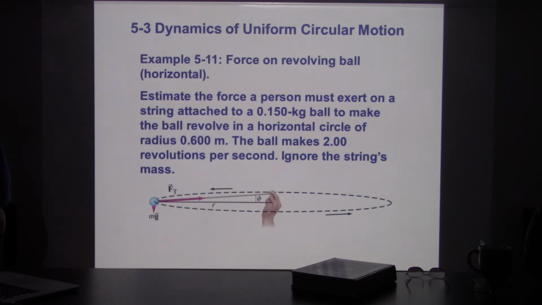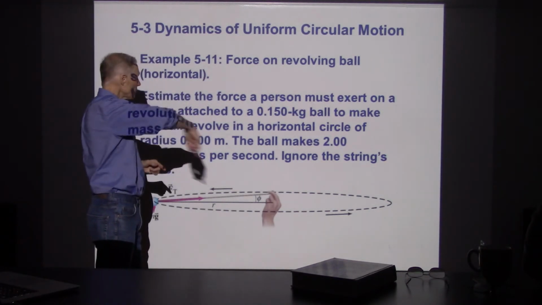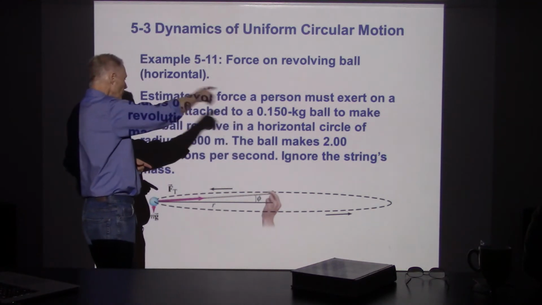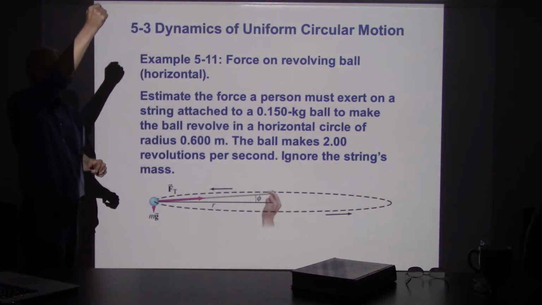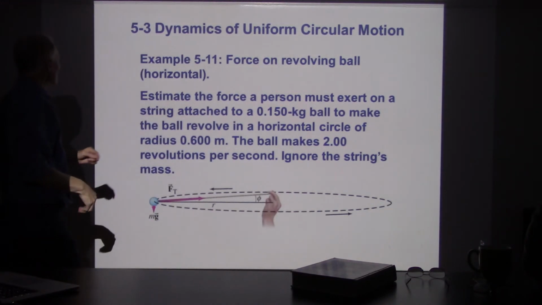All right, this has got some force diagrams and everything. So this is dynamics. Example 5-11, force on a revolving ball. So we've got this object, it's going around in circles and we're spinning it over my head, I guess, is where I should do that so the string doesn't wrap around my neck.